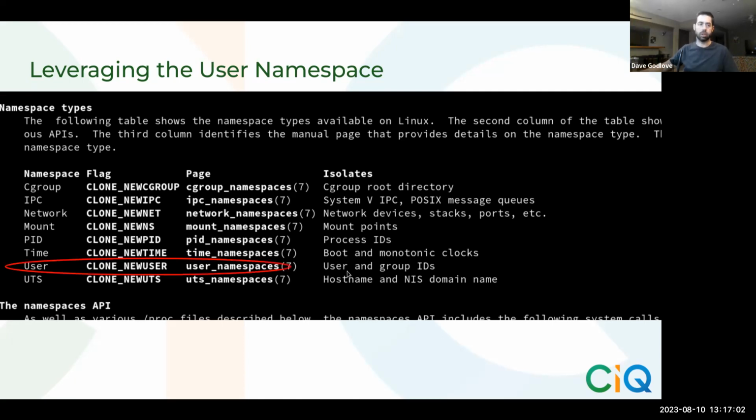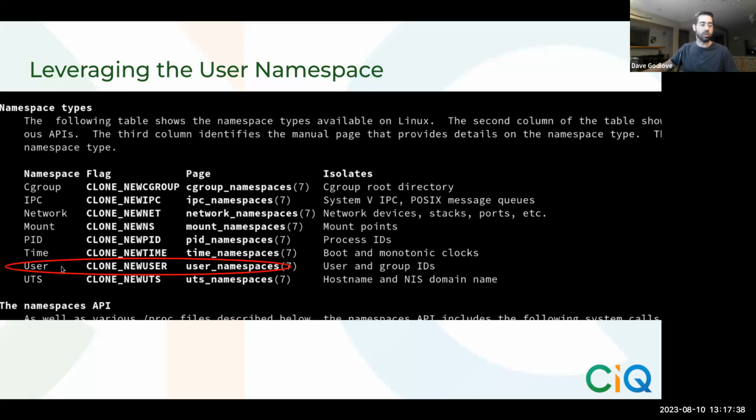Well, there's a special namespace called the user namespace. And it's special for a few reasons. One of those is that the resource which is virtualized inside of a new namespace, in this case, is actually UIDs and GIDs. So what this allows you to do is map a UID on the host system to a different UID within the namespace. In practice, that's typically used to map a UID like 1001 or whatever to 0 within a new namespace and pretend to be root.